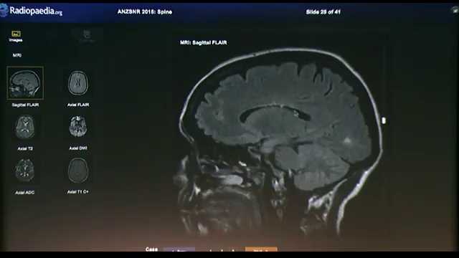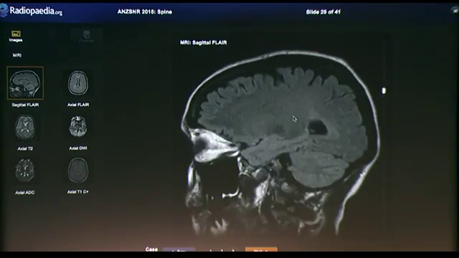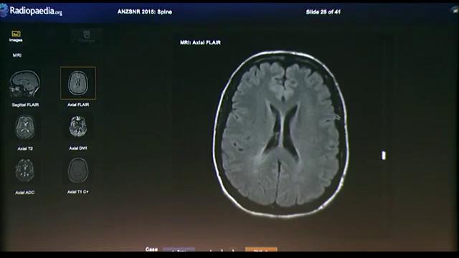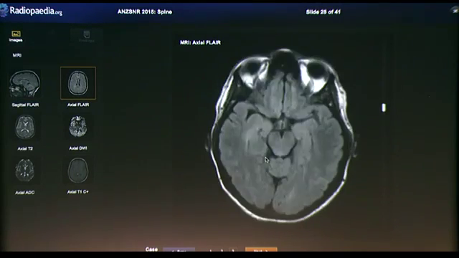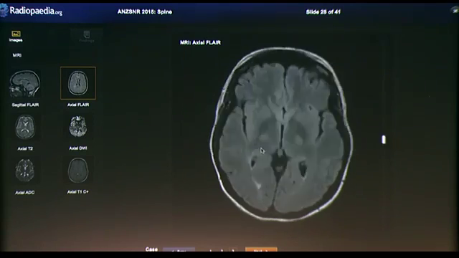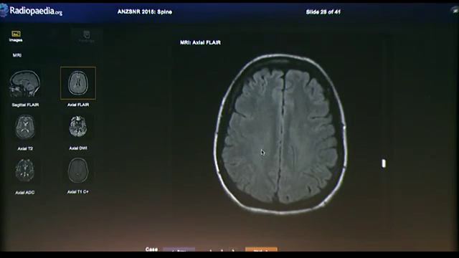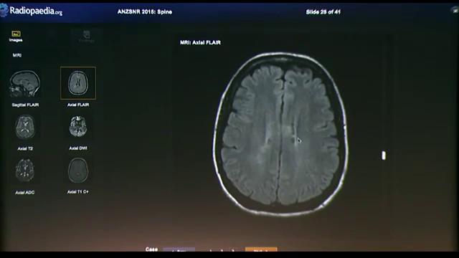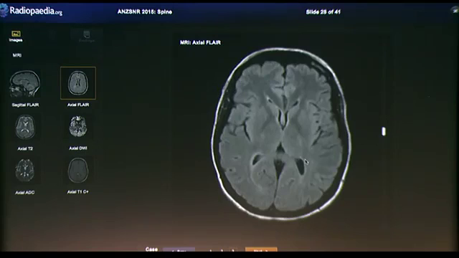So on the FLAIR sequences, we can see this periventricular hyperintensity, which is a little bit unusual for MS. We're used to seeing periventricular lesions, but there tend to be lots of smaller foci and that perivenular Dawson's finger appearance. And the other thing is that there's really no juxtacortical or even subcortical lesions here.